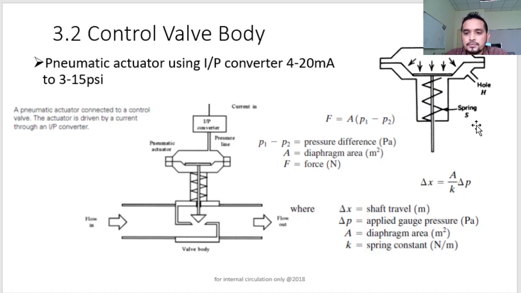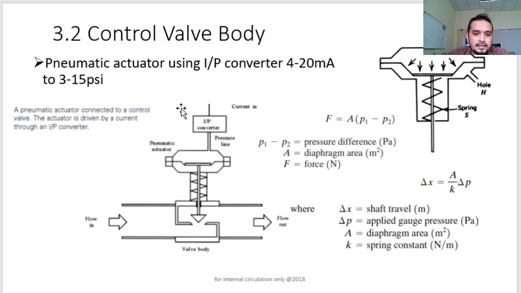What is involved here is the spring. The characteristic of the spring is characterized by the spring constant, and then the pressure, obviously, and the surface area of the diaphragm.